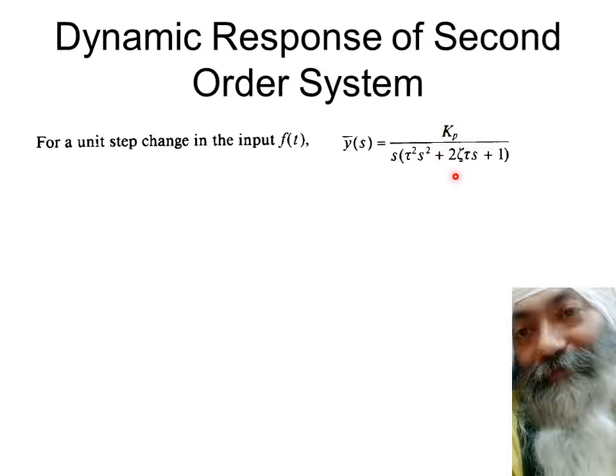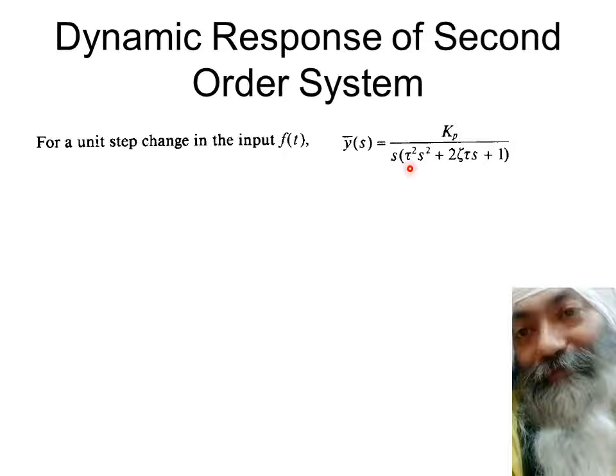We have a new term zeta which is called the damping factor, and the tau over here, in the form of tau square, is not time constant. It is the period of natural oscillation.